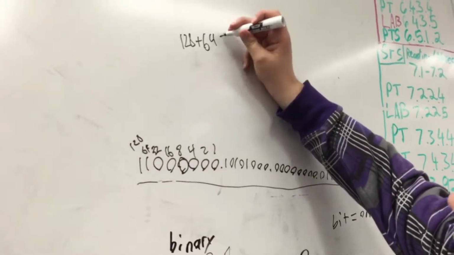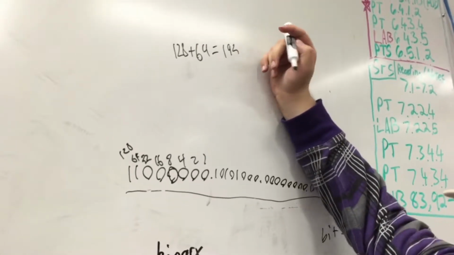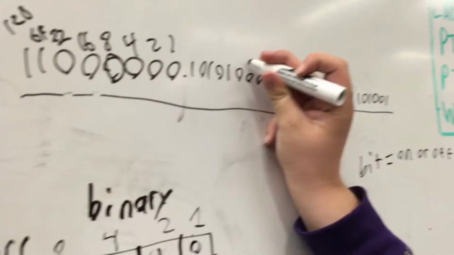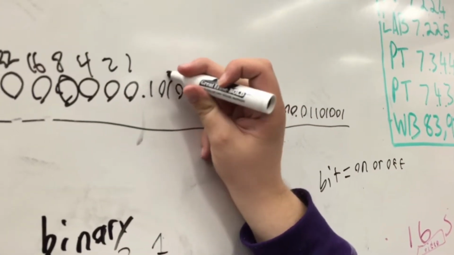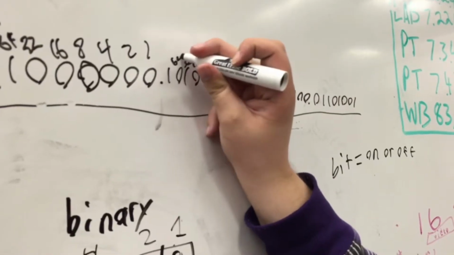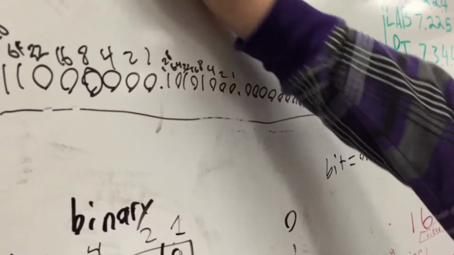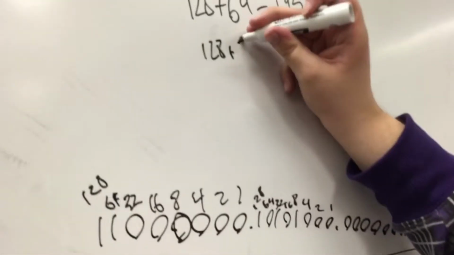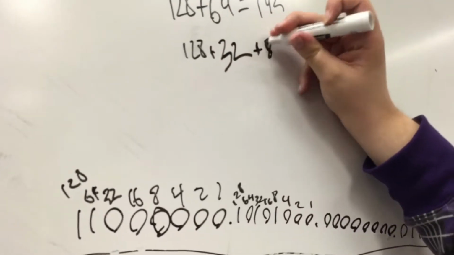Let's do some quick math. 192. Let's start here: 1, 2, 4, 8, 16, 32, 64, 128. So it has 128 plus 32 plus 8.